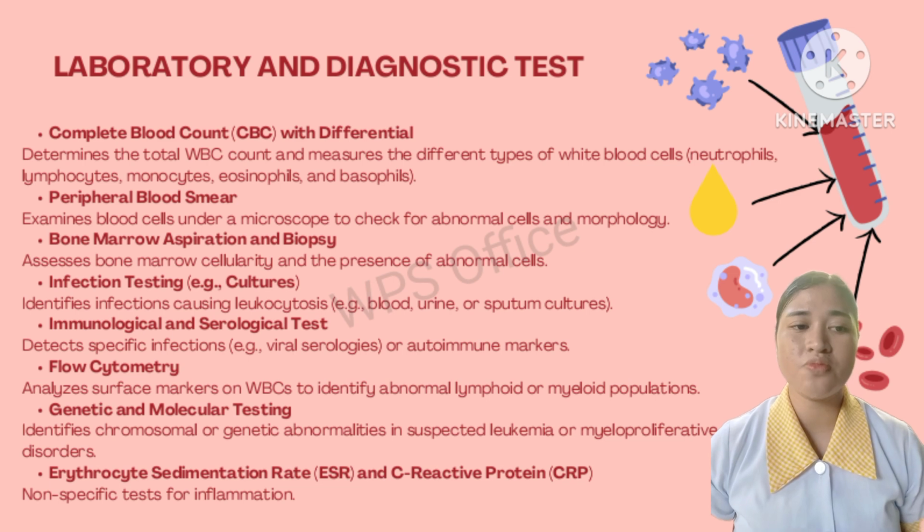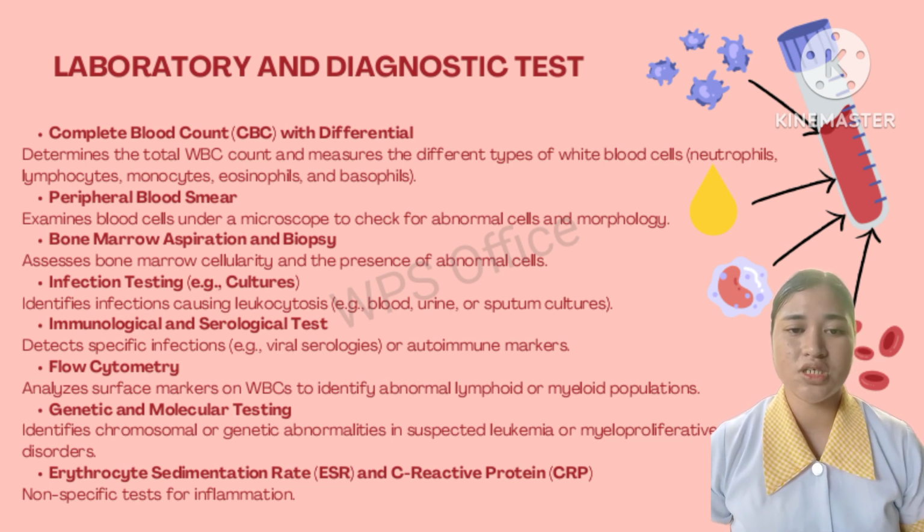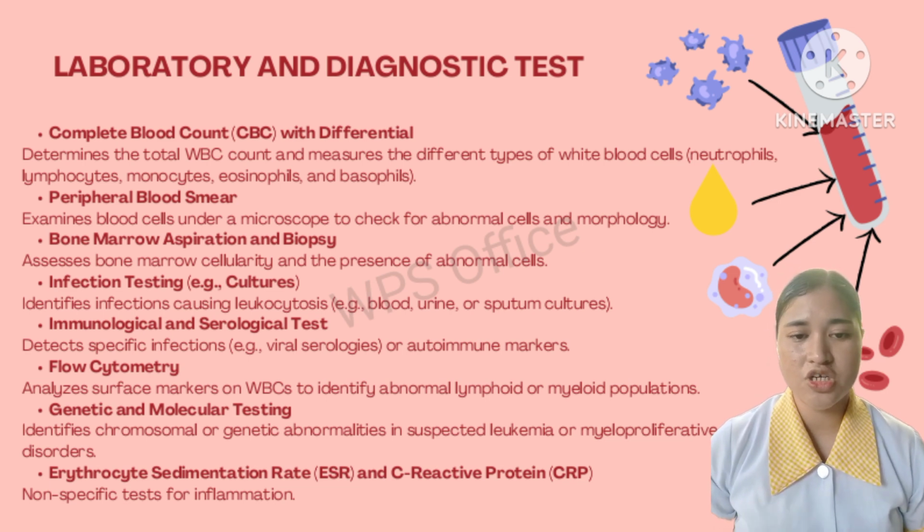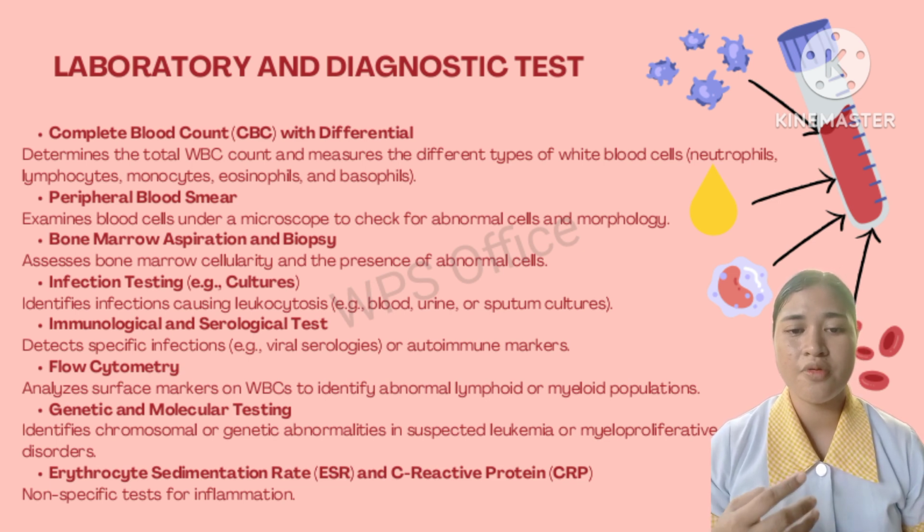It assesses bone marrow cellularity and the presence of abnormal cells. So this is useful if there is a suspicion of bone marrow disorders, leukemia, or myeloproliferative diseases as a cause of leukocytosis.